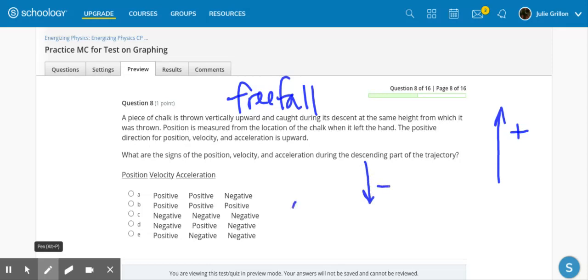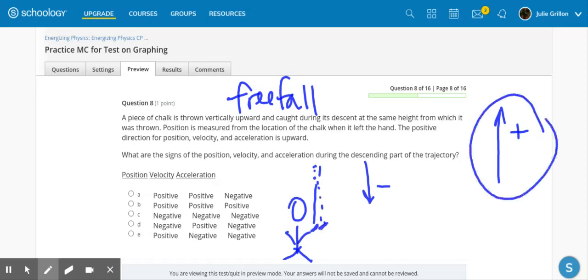Okay, so let's take a picture of this. Not a picture, but here's the chalk, and it goes up, and then it comes back down. Okay, so upwards is positive. So in the descending, we know it's falling, negative. So this direction it's moving in is negative. That means velocity is negative.